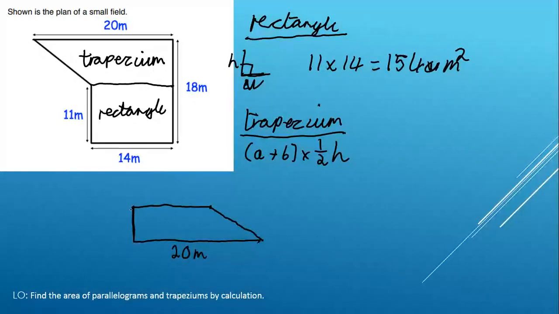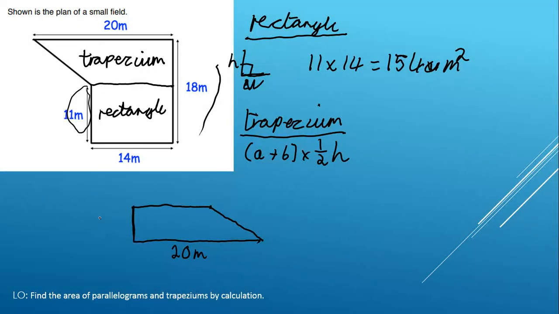This side here, we don't know just by looking at it, but we can figure it out because we know that this side all the way up here is 18 and this bit here is 11. So we do 18 minus 11, which leaves us with 7.